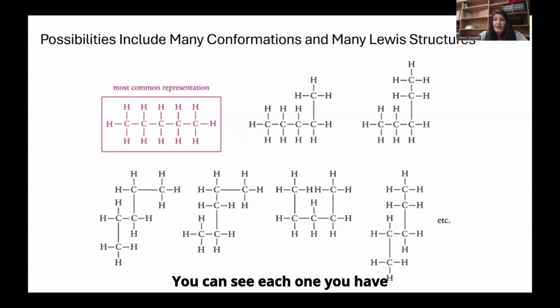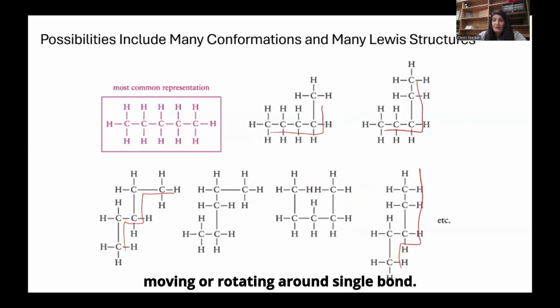You can see each one has a different branch, okay? Or these are many different conformations of them, not structural isomers. These are conformational isomers. You can see that they just all are along the chain. There's no difference in bonding. They're just moving or rotating around a single bond.